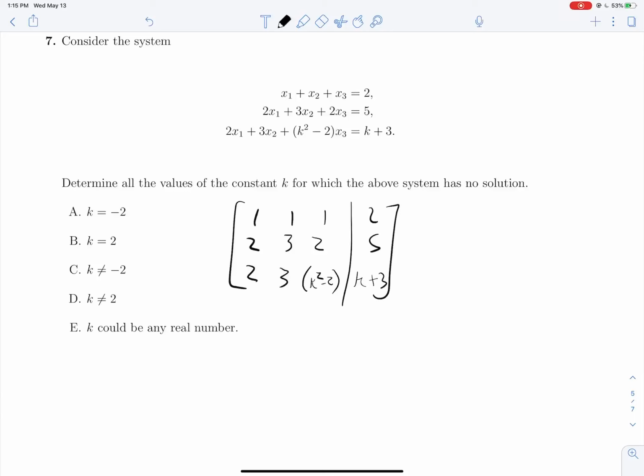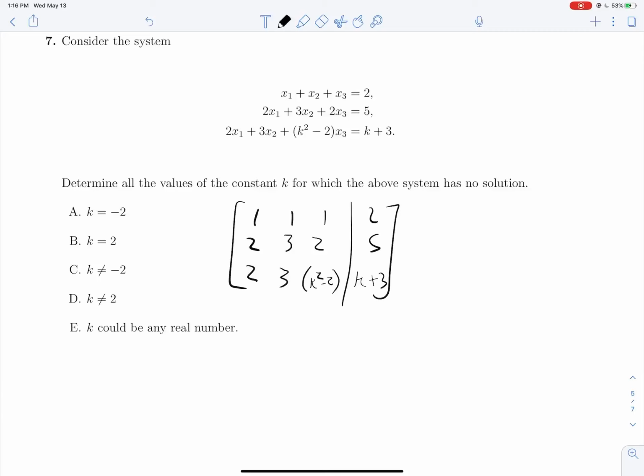Well, we know that this whole thing will have no solution if we get some situation where we have 0x1, 0x2, 0x3 is equal to something that is not 0 on that side, because there's no way that we can add 0 of a couple different things and get something that's not 0. So we might just be able to solve this by inspection.